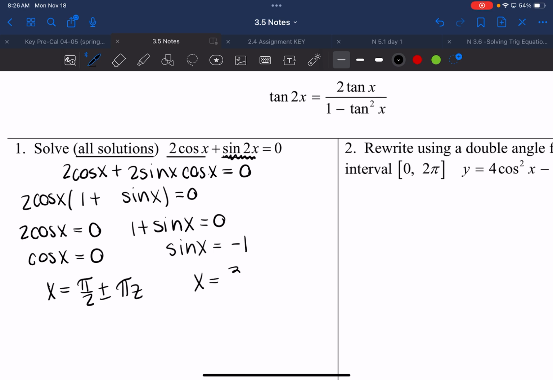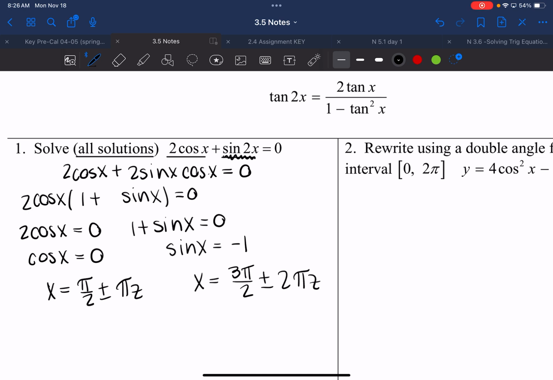Okay, so this would be x is equal to 3 pi halves. And nowhere else is that true, right? Only at 3 pi halves. So if I was saying that I'm looking at a continuous graph like we are here, it'd be plus or minus. How long would it take for me to get from 3 pi halves all the way back to 3 pi halves? Right, so plus or minus that 2 pi z.